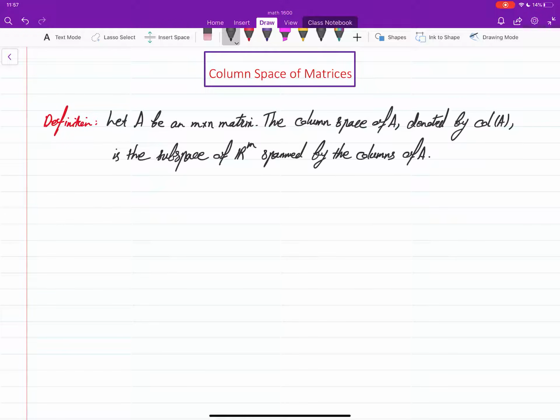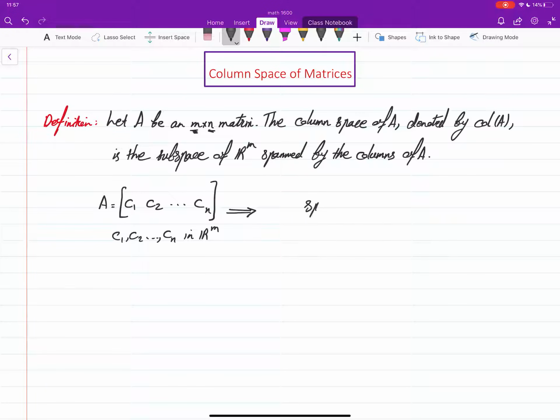In other words, if the matrix A has column 1, column 2, how many columns we have? N of them. And each one of these columns is going to have M components. So C1, C2 up to Cn are in Rm. Then we can put these vectors together and find the span of that.